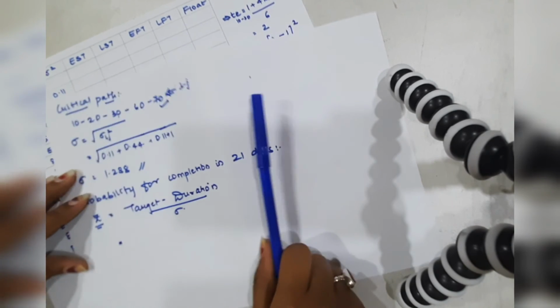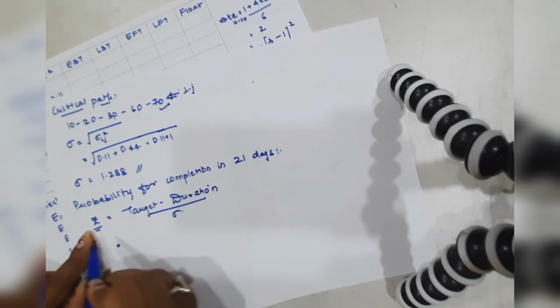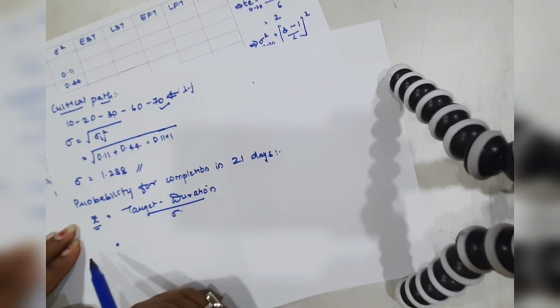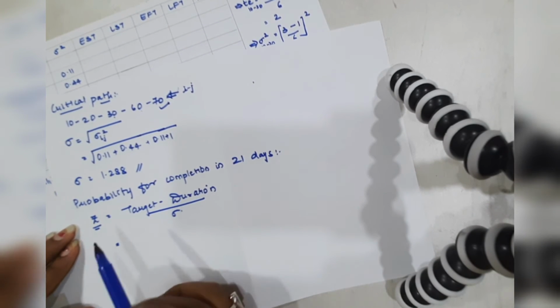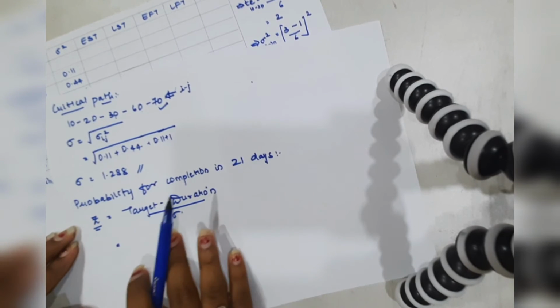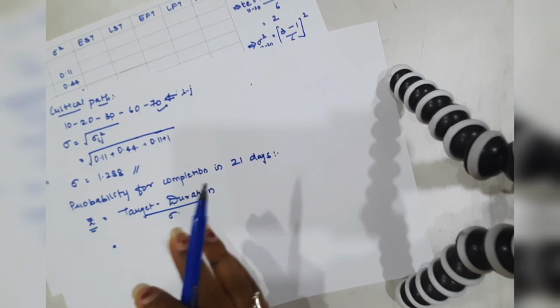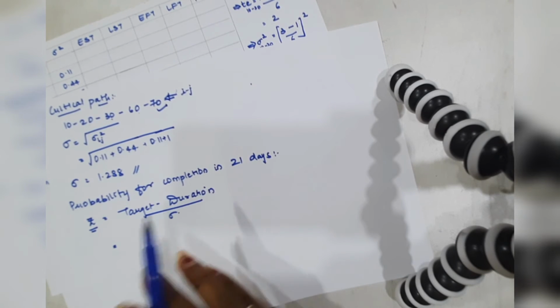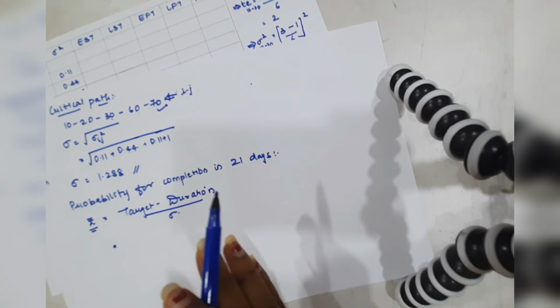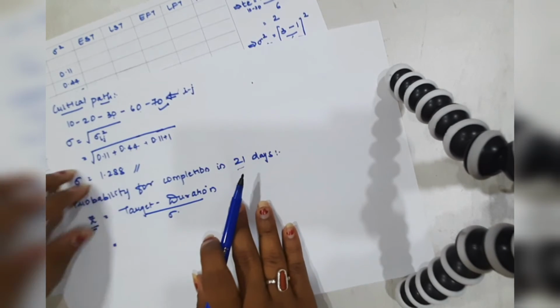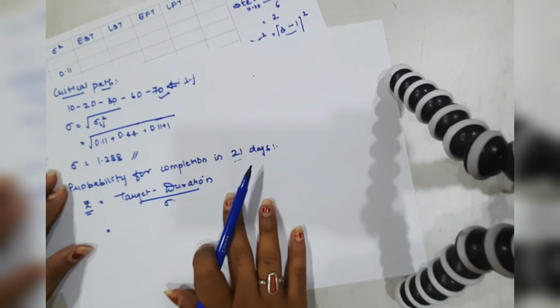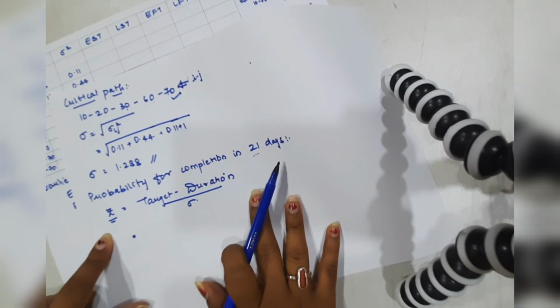Let us have a small introduction about what the z value is. This z value is nothing but the standard normal variate. As we know, the activity distribution curve, or beta distribution curve, almost replicates the normal distribution curve. That is, it almost follows the normal distribution curve. For calculating the probability we are going to use the normal distribution table, and in that case we will require the value of z.